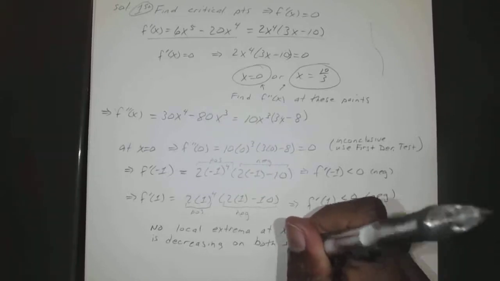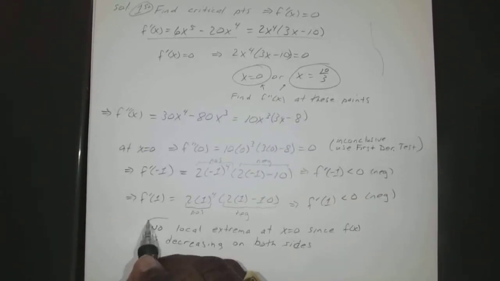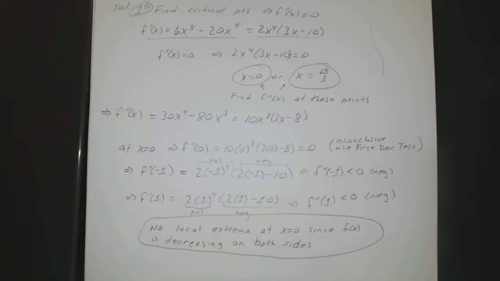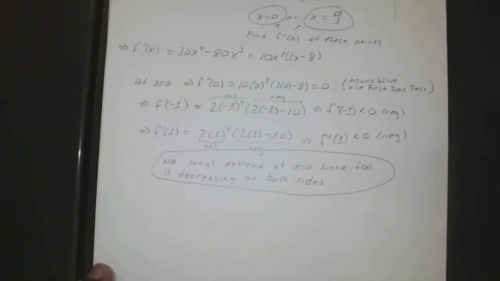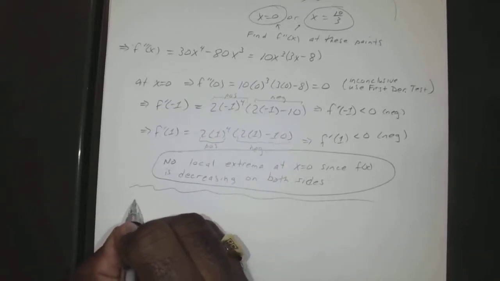Let's clean that up a little bit. Okay, so we took care of x equals 0. That's neither local minimum or maximum. Now we need f double prime of 10 over 3. Create a little bit of a barrier.